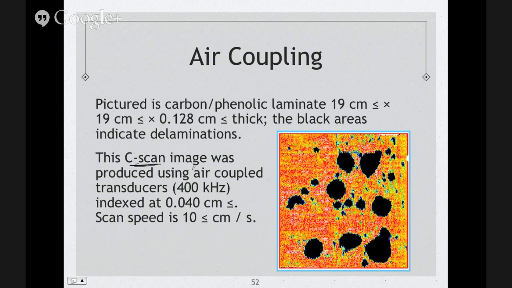This image was produced with an air-coupled transducer at 400 kilohertz, indexed at 0.040 centimeters. What I mean by index is that the transducer went up, then moved 0.040 centimeters to the side, then came down, then moved another 0.040 centimeters to the side, and then went up again. That's what index means. The scan speed was no more than 10 centimeters a second.